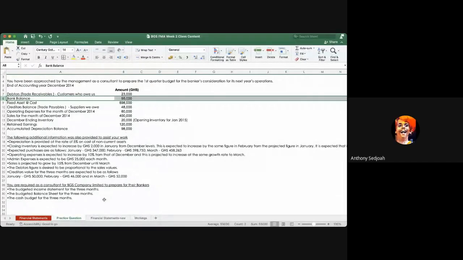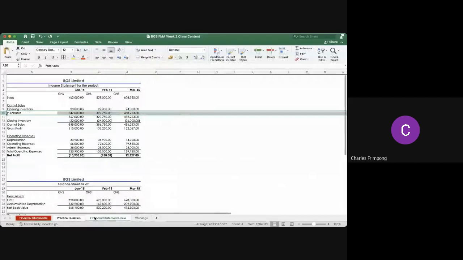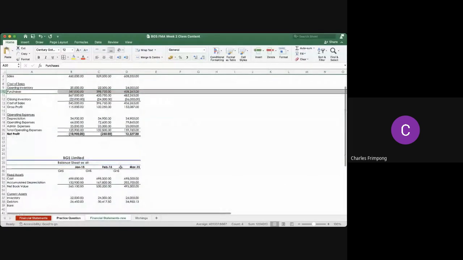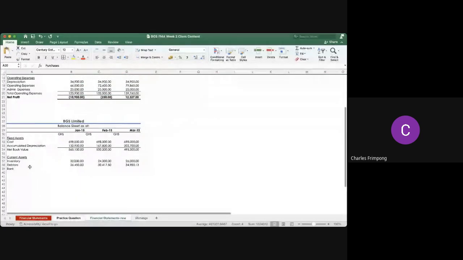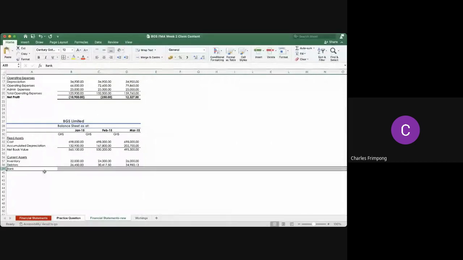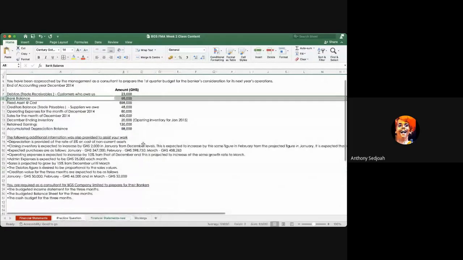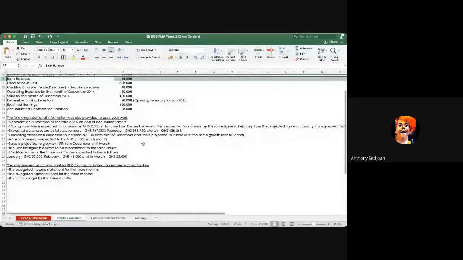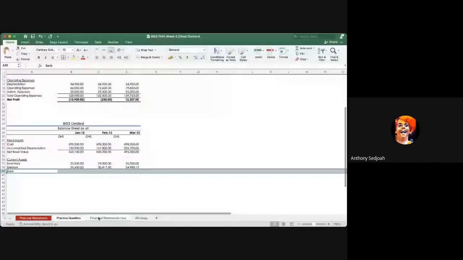Okay. You get it. So with the statement of financial position, we will include cash in it. No, we don't have any cash balance in it. But basically, what I'm trying to say is that to be able to get the cash balance, we have to do our cash flow.